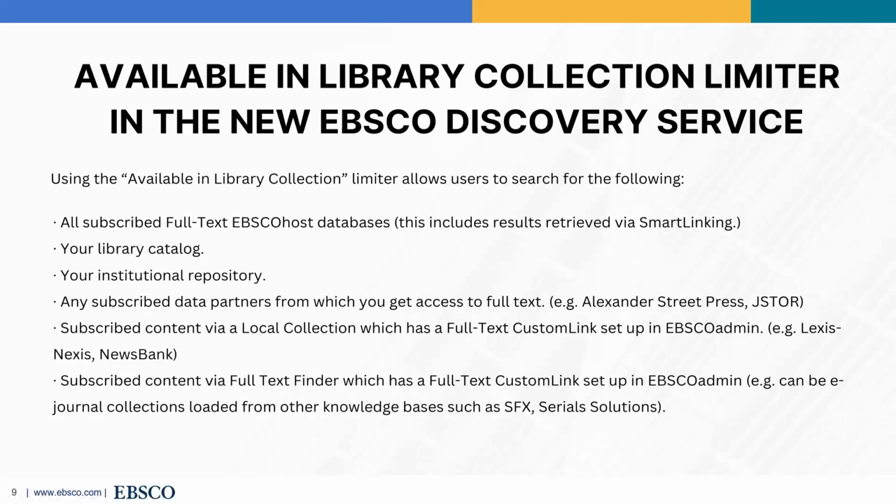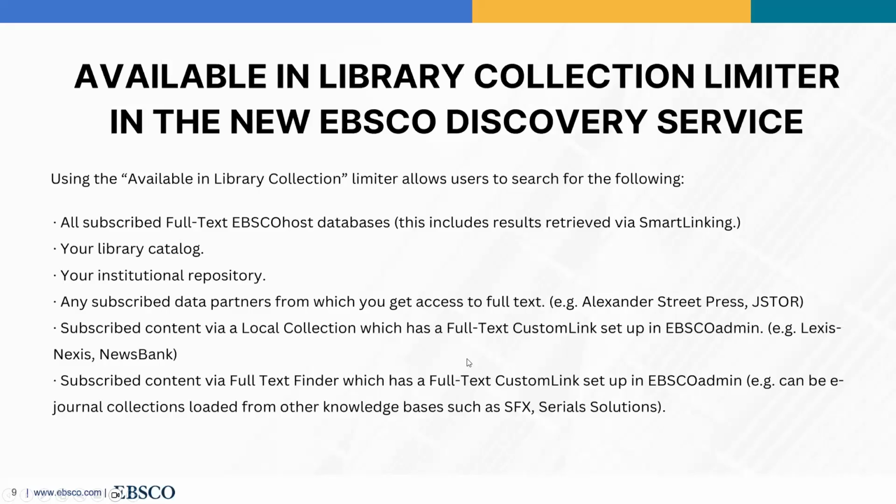First is all your subscribed full-text EBSCOhost databases. This includes results retrieved via smart linking. It will also include your library catalog, your institutional repository, and any subscribed data partners from which you get access to full text. So you have Alexander Street Press, JSTOR, and so on.